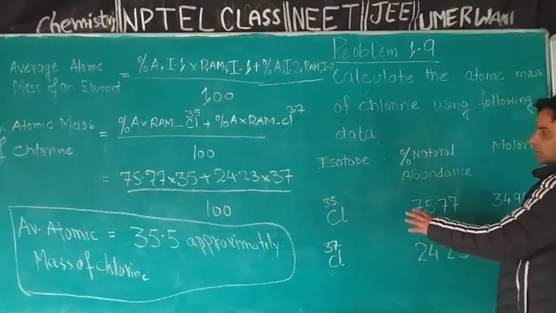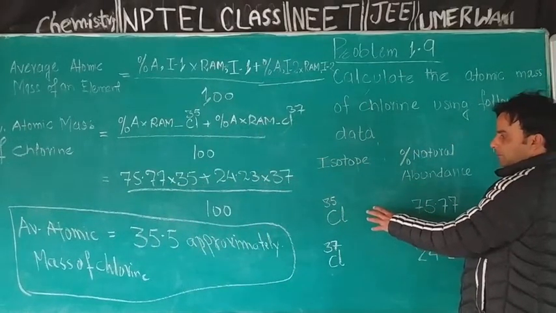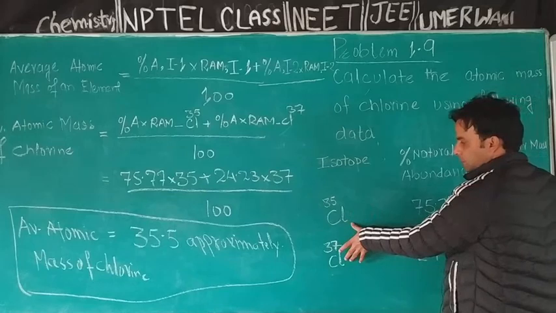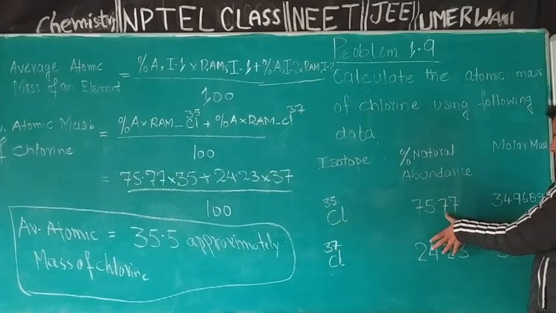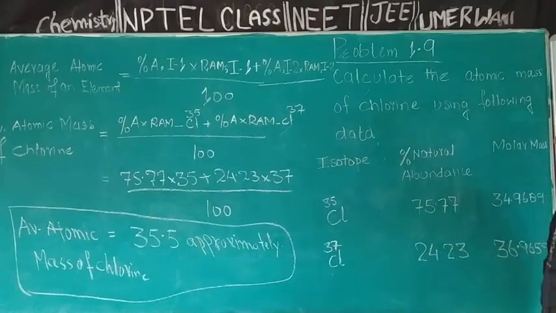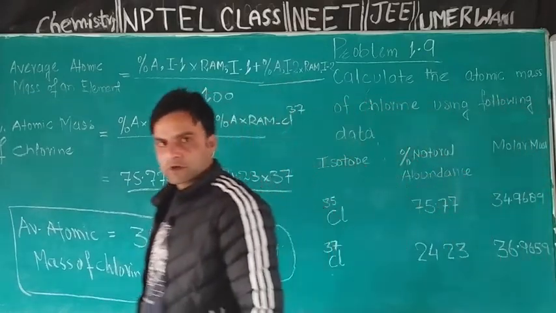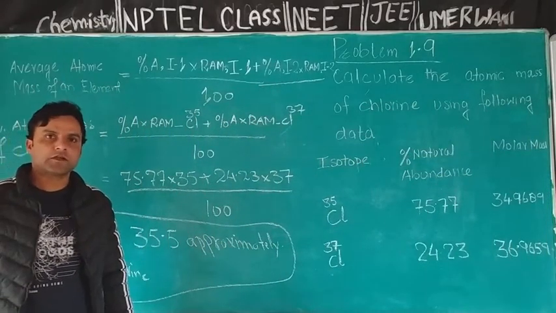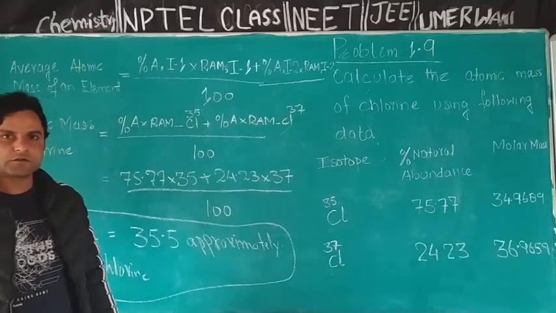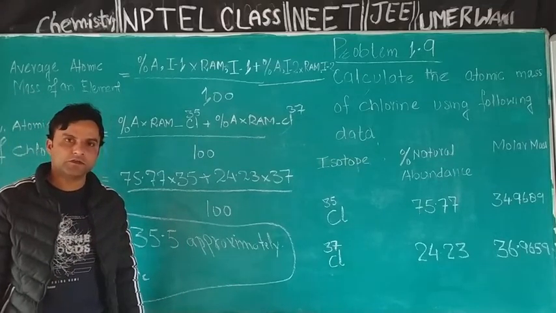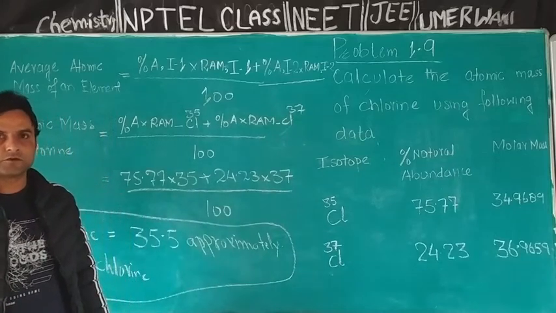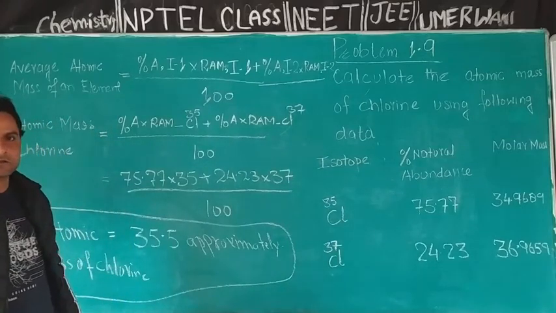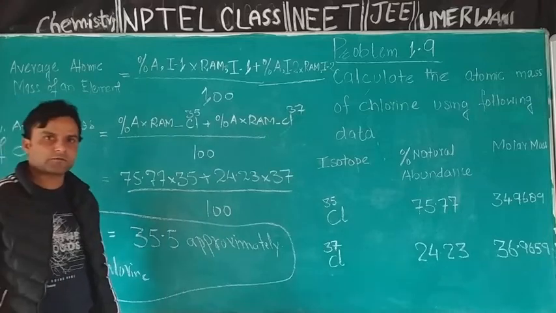In the question, we were provided data for the element chlorine: it has two stable isotopes, chlorine 35 and chlorine 37. The percentage abundance and molar mass of both isotopes were given, and we were asked to calculate its atomic mass. This problem is based on the idea of average atomic mass, which is used for elements that exist in nature as two or more stable isotopes. Each isotope has its own relative atomic mass, which is a whole number, and the atomic mass of such an element is the average of the relative atomic masses of all its isotopes.